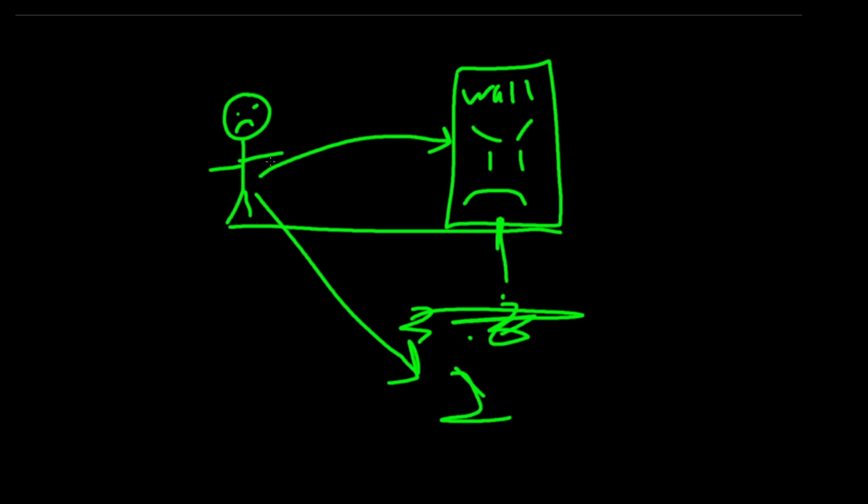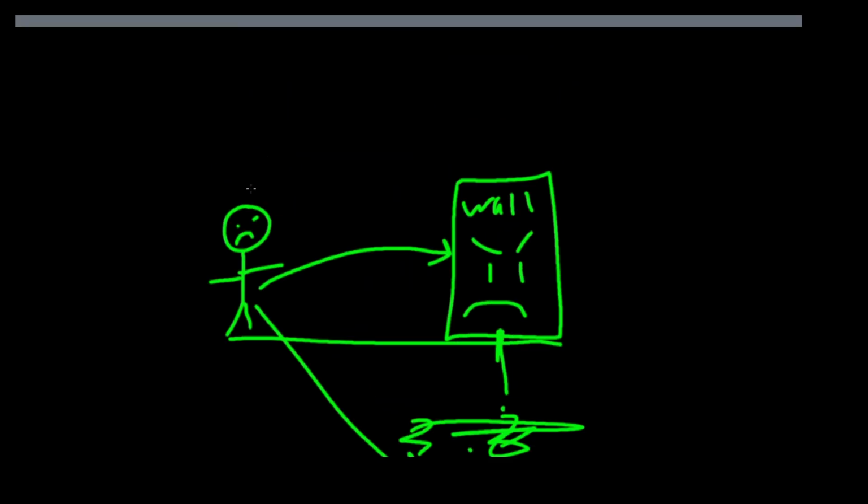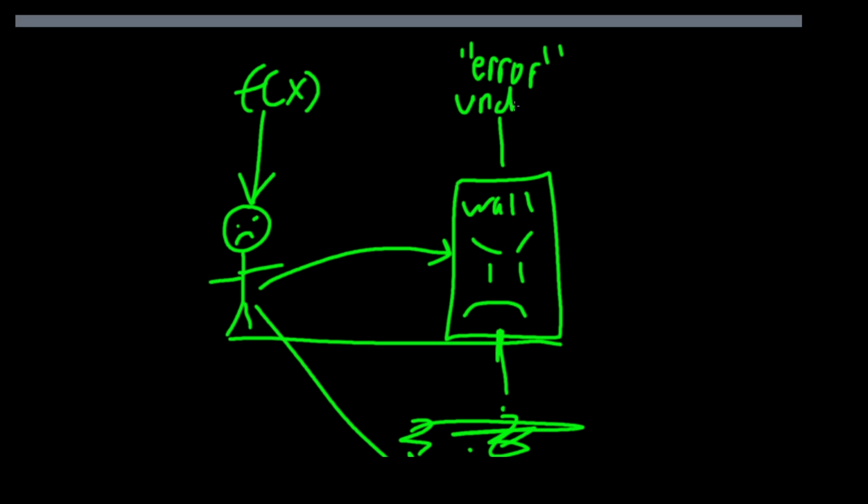So basically, I'm going to just make this into math. This guy, he's f of x. If you put it in a calculator, it's going to say error. But we're going to use the word undefined.